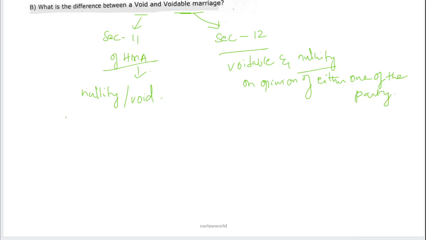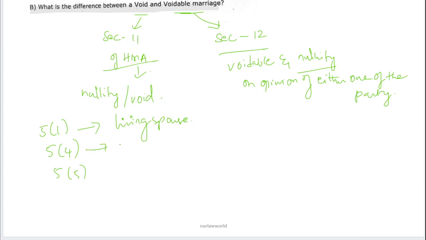The conditions for void marriages are section 5 sub-clause 1, 5 sub-clause 4 and 5 sub-clause 5 of the Hindu Marriage Act. That is, if any living spouse is present, you cannot do a second marriage while the spouse is living.